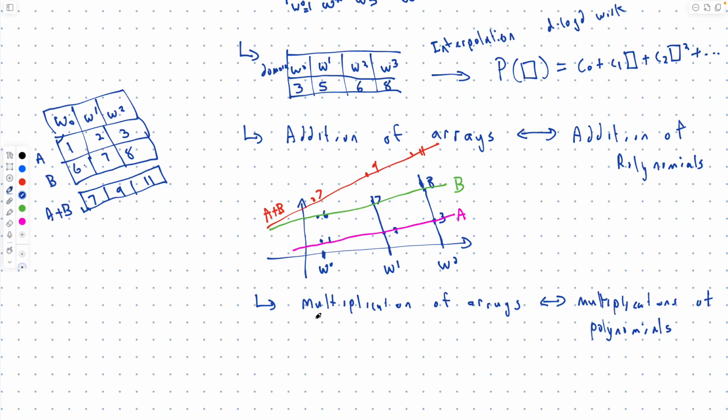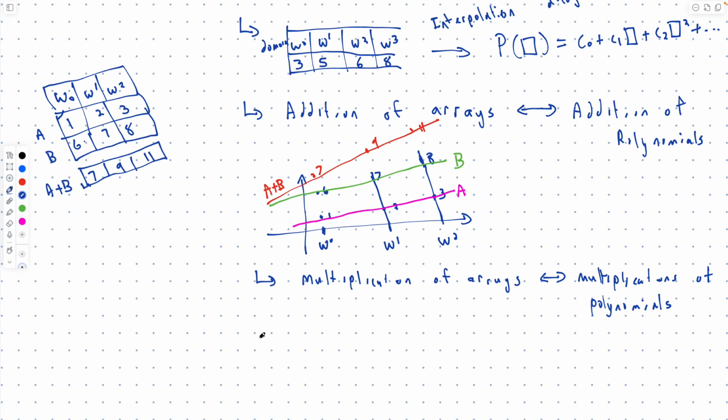So every now and then we're going to want to multiply arrays with each other. Then if we have them in polynomial form, we just multiply the polynomials, and it is the same. Okay, the third thing is, can I selectively reveal? So can I open up the polynomial? Say you care about what's the polynomial at omega squared.